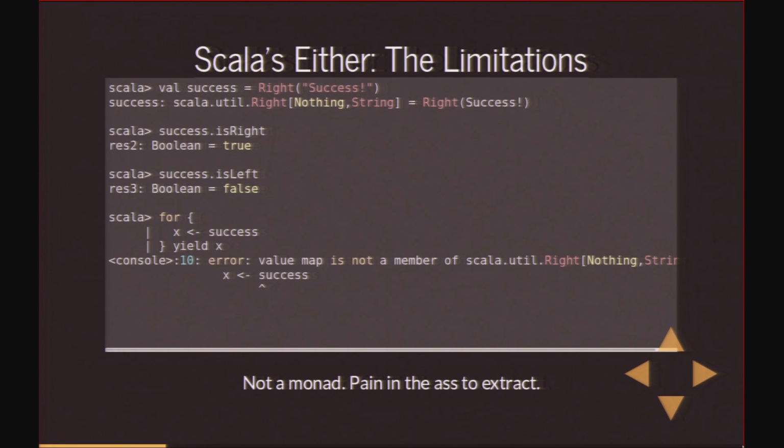But it's not exactly what I expect. If I have an object, I expect to be able to use it the way that I want to use it. I expect to be able to stick that in a for comprehension if that's the way it's supposed to be used. I can put an Option in a for comprehension and extract out info, so why can't I do that with an Either?